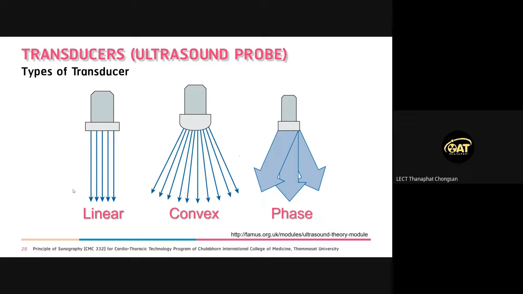All transducers have the same method of sound wave production, but the sound emission or delivery is different. In medical diagnosis or echocardiogram, we have three types of transducer: linear, convex, and phase.